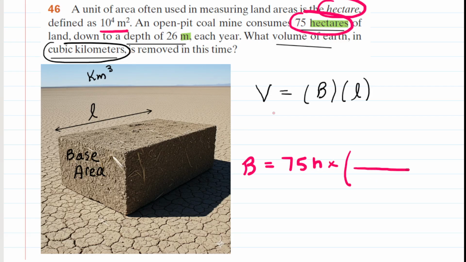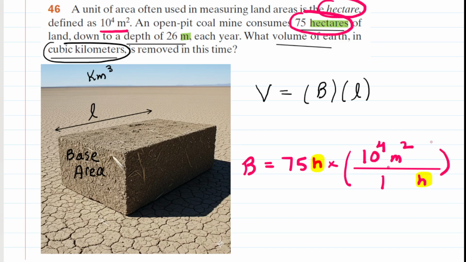Now, when you multiply by a conversion factor, you want to make sure that the unit you're starting with is represented in the denominator of your conversion factor. So if you're starting with hectares, you want to make sure that you put hectares in the denominator of your conversion factor. Now, again, the problem stated that 1 hectare is defined as 10 to the power of 4 meters squared.